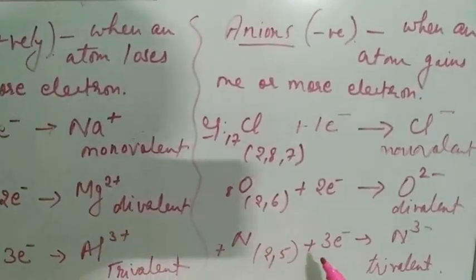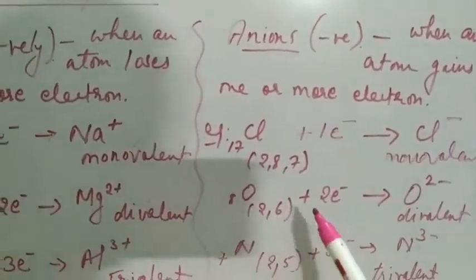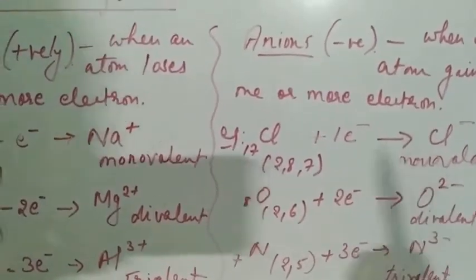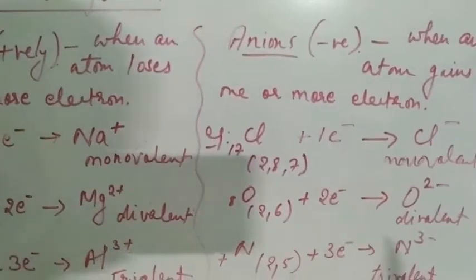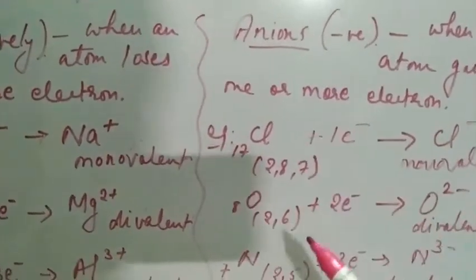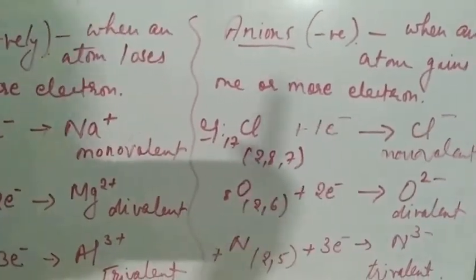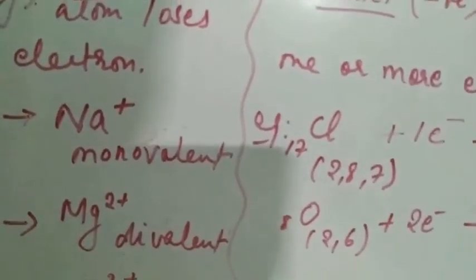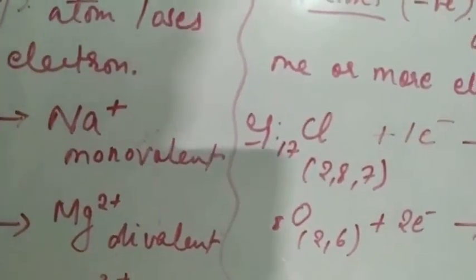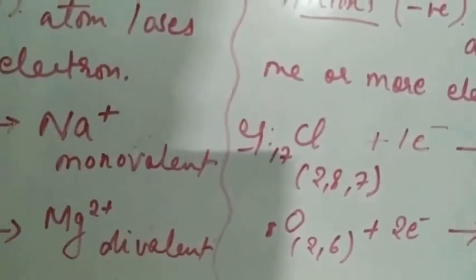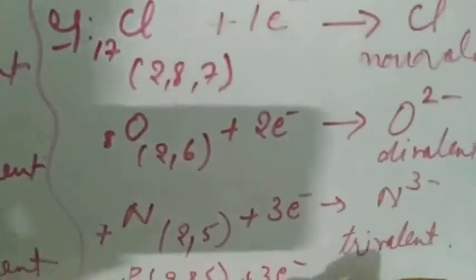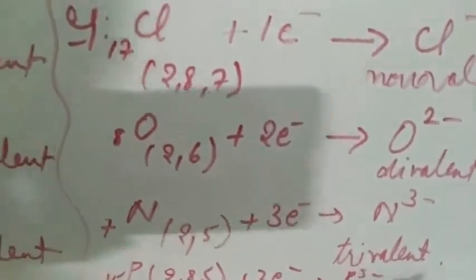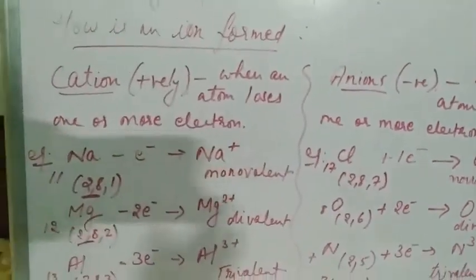Nitrogen needs 3 electrons, oxygen needs 2 electrons, and chlorine needs 1 electron to complete their octet and attain the nearest noble gas configuration, this is argon, neon and neon. Similarly, if we see phosphorus, phosphorus is 15. So again this is 2,8,5. So it needs 3 electrons to form P3 minus, that is phosphide ion.